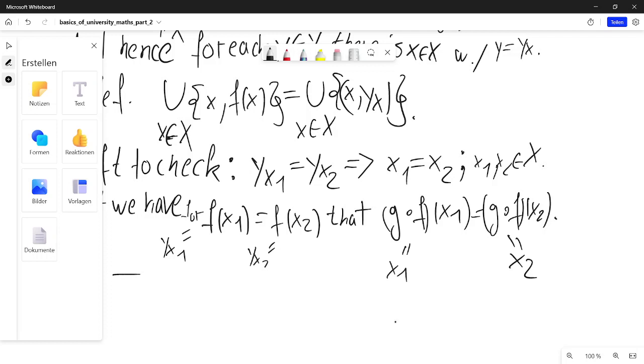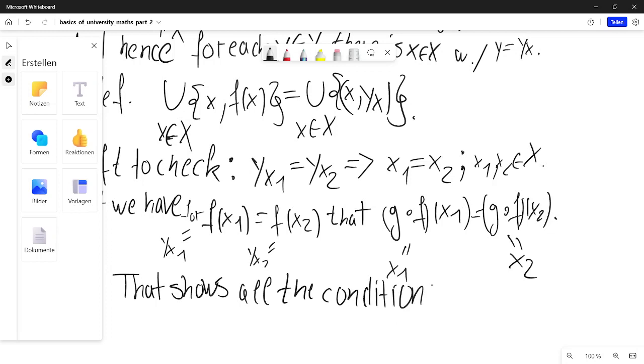Okay, that shows all the conditions from the above theorem, where we characterize bijectivity via separation of the two sets in pairs, one by one.